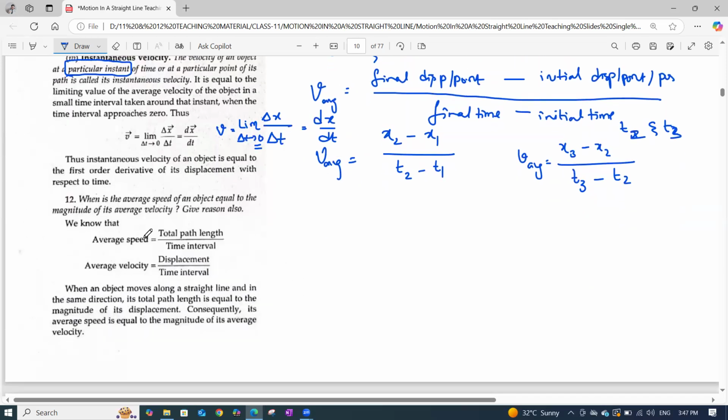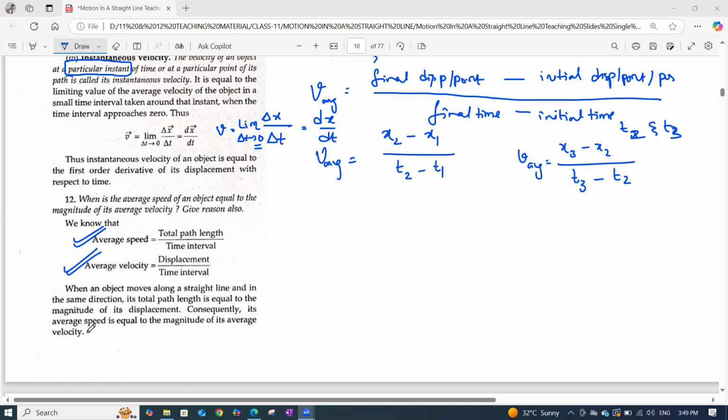Now you see average speed. Average speed is nothing but total distance in total time. What is average velocity? Total displacement in total time. These are the two formulas you need to remember. When an object moves along a straight line and in the same direction, total path length is equal to the magnitude of displacement.